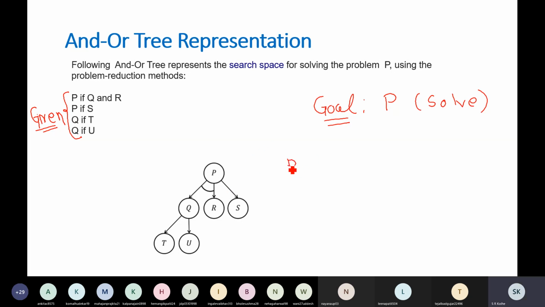So you can reach P through Q and R. Or second way is you can solve P if you can solve this S.